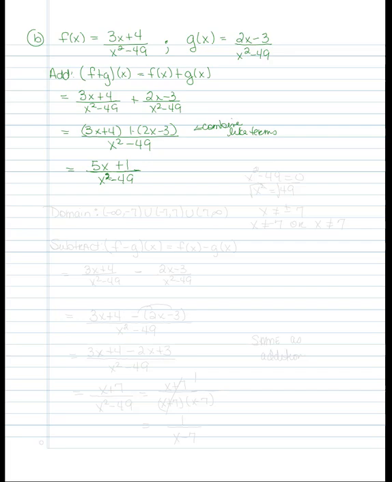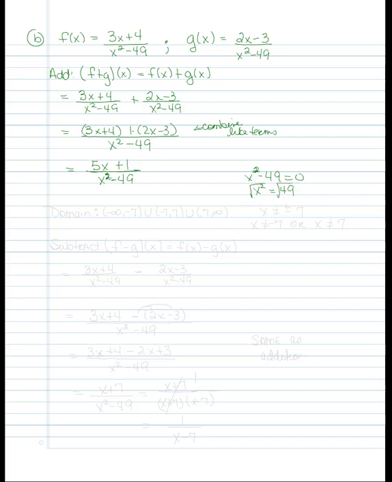But we do want to set a restriction here for our domain. So what we're going to have to do is set the denominator, x squared minus 49, equal to 0. Solve for x. We have x squared is equal to 49.